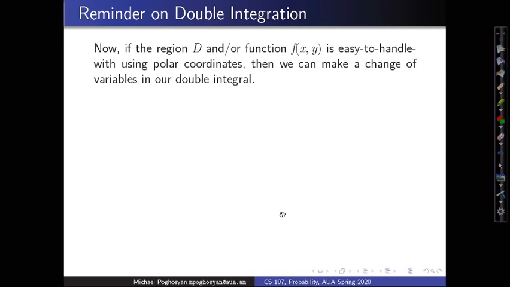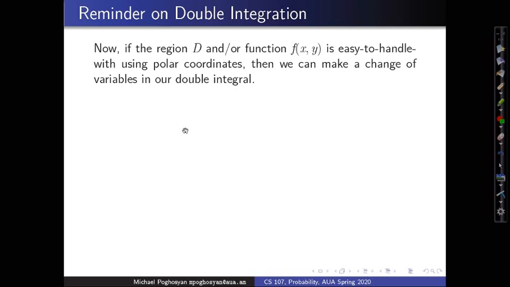Now, if our region D or our function f is easy to handle with polar coordinates, say we have a function which is radially symmetric, say it has x squared plus y squared in it, then we can make a change of variables in our double integral by passing to polar coordinates.